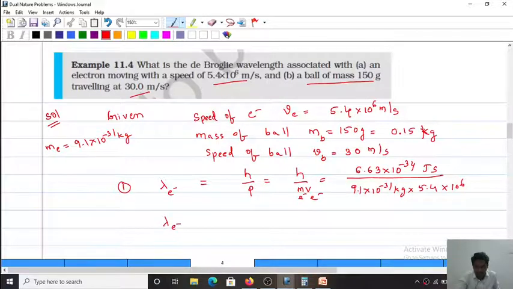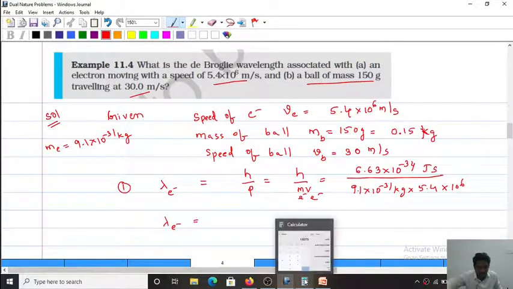After simplification, what do we get? It is better to simplify it.